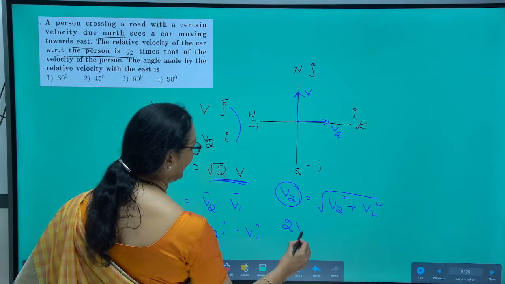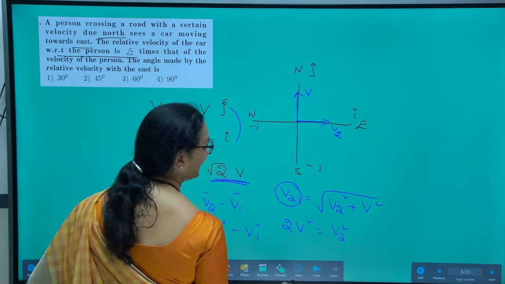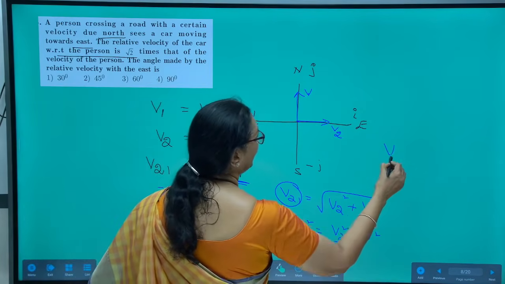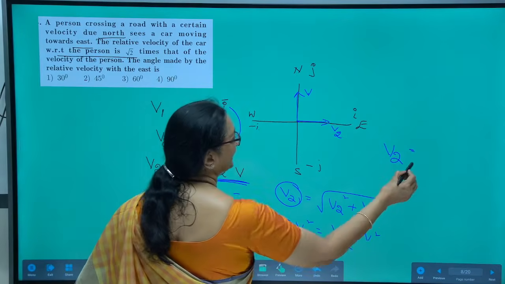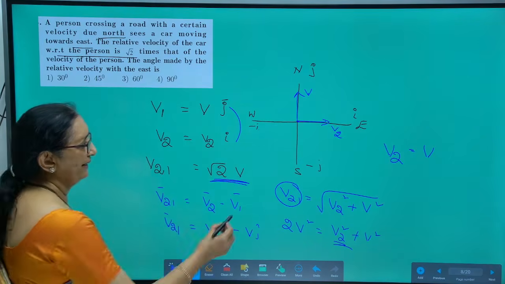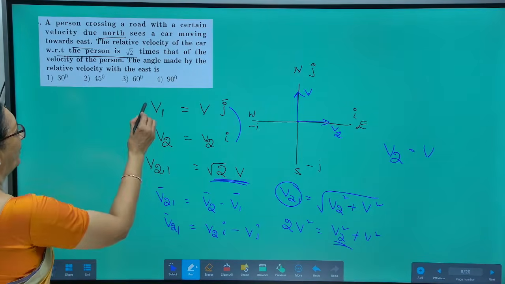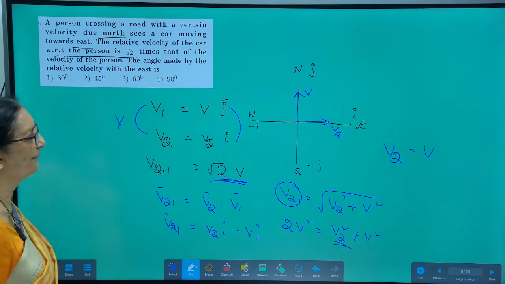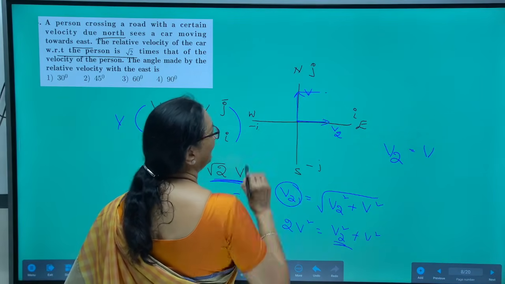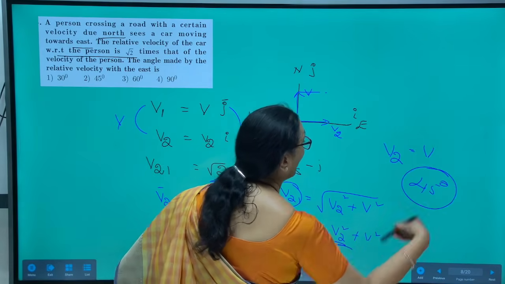If you square that, 2V square is equal to V2 square plus V square. So, V2 square is 2V square minus V square, it is V square, so V2 is equal to V. Both of them have the same magnitude V. If this is V, this is V, the relative velocity direction will be 45 degrees with both of them.